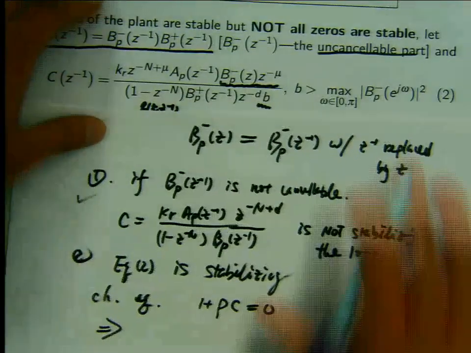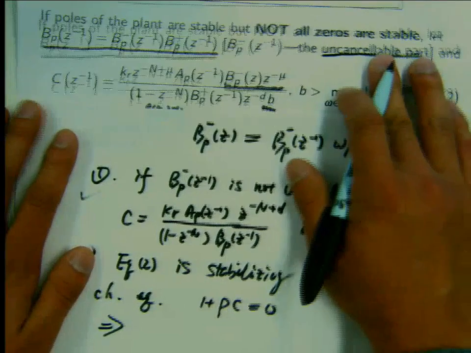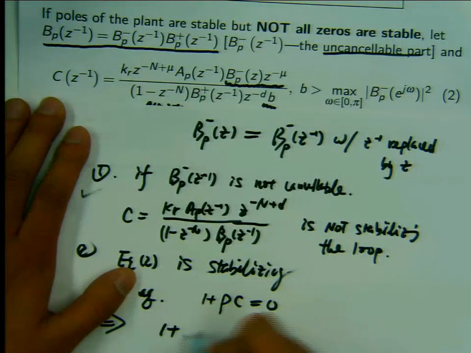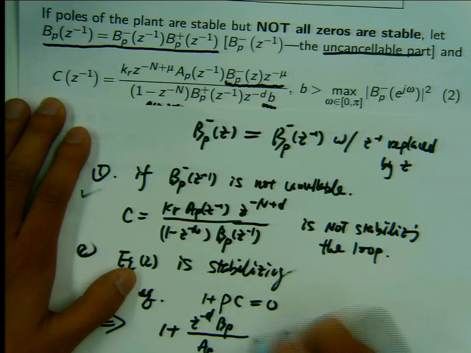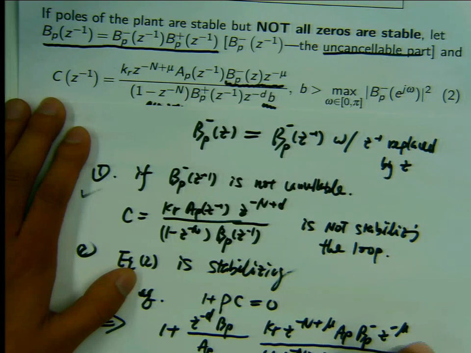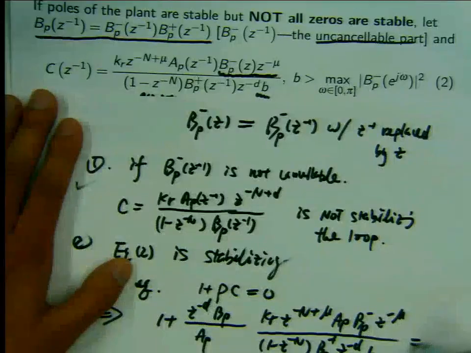Let's see, I haven't written it down myself. It's going to be z negative d BP AP times KR z negative n plus mu AP BP inverse z negative mu, then 1 minus z negative n BP plus, plus z negative d B equal to 0.